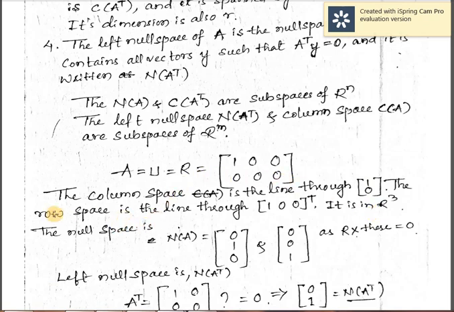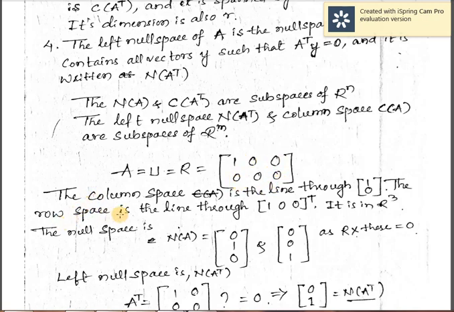Then the next point is the row space. The row space of this matrix: we have 2 rows, but the first has non-zero entries and the second has zeros.